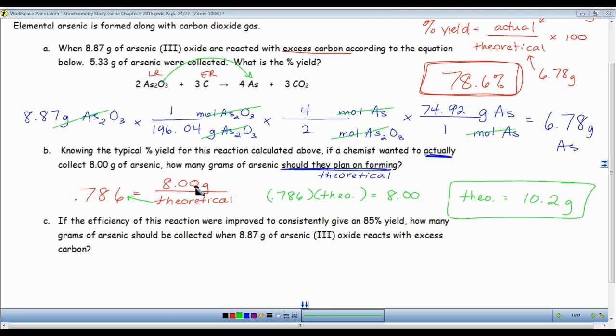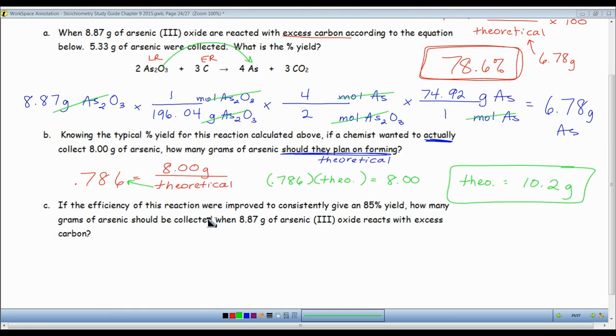Interesting. Okay, part C, another twist. If the efficiency of this reaction were improved to consistently give an 85% yield, how many grams of arsenic should be collected? 8.87 grams of arsenic 3 oxide react with excess carbon.